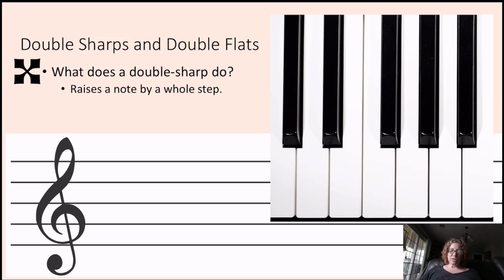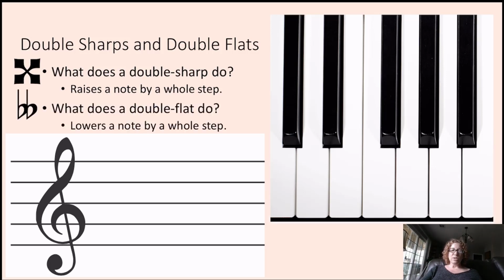A double sharp raises a note by two half steps, or what we know as a whole step. And a double flat does the same thing in the opposite direction. So let us look at, let's pick a good note out here.